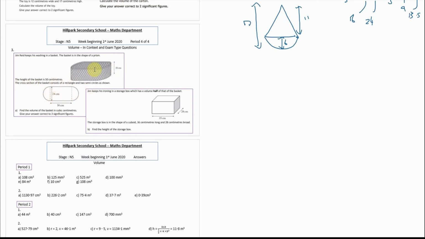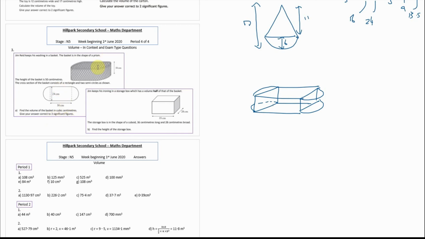So we've basically got a cuboid, don't we? Some fantastic technical drawing here. So we've got a cuboid, and then we've kind of got this sphere thing at the sides, don't we? Find the volume of the basket and give it to 3 significant figures.